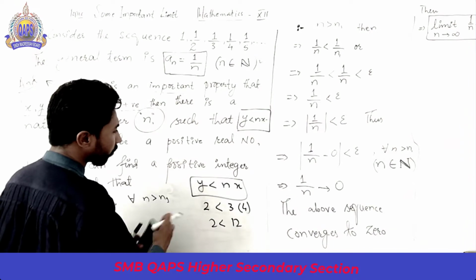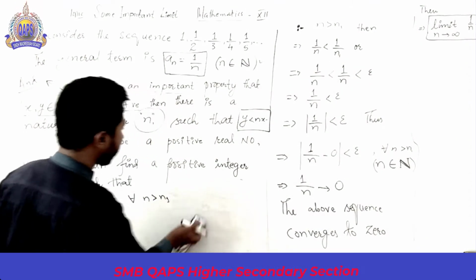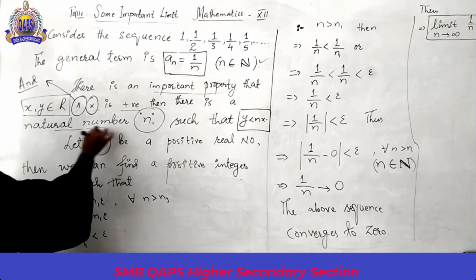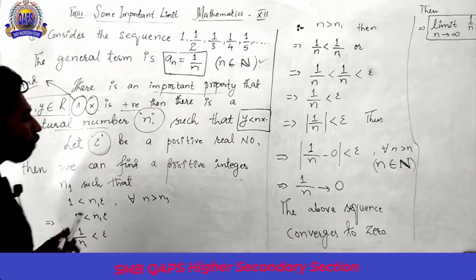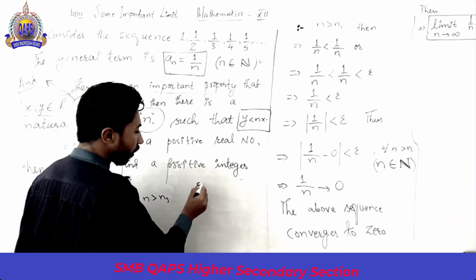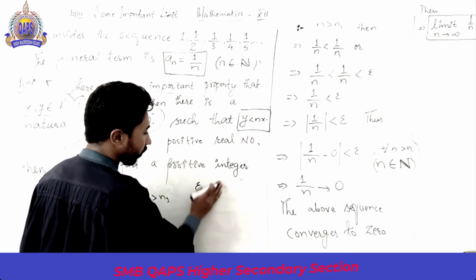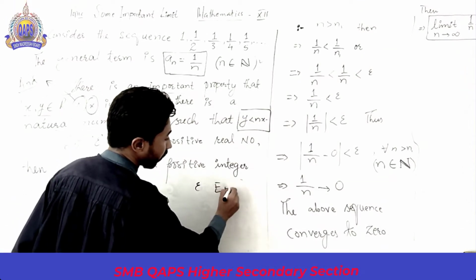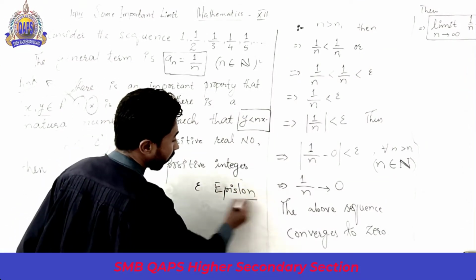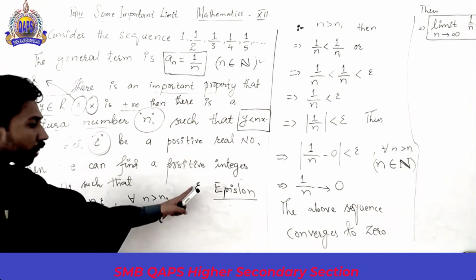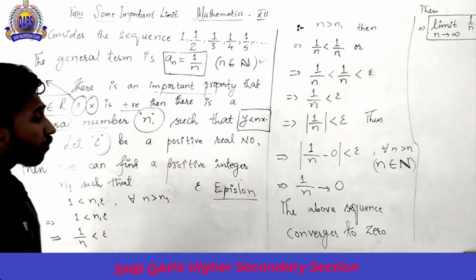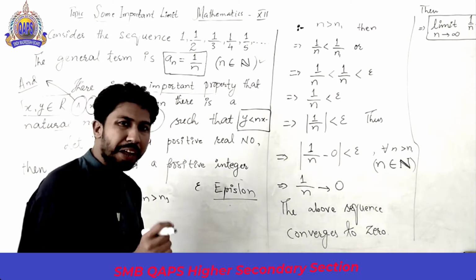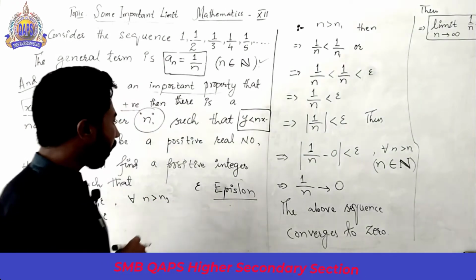Let this symbol represent epsilon, which means any positive value that is very small or approximate.